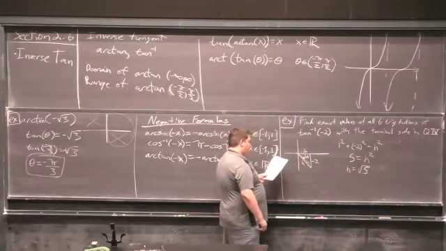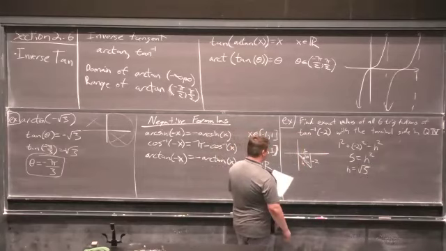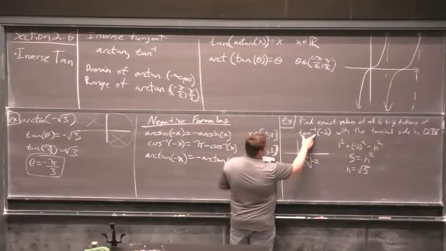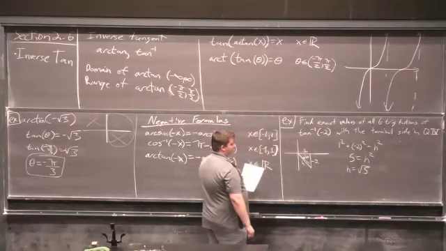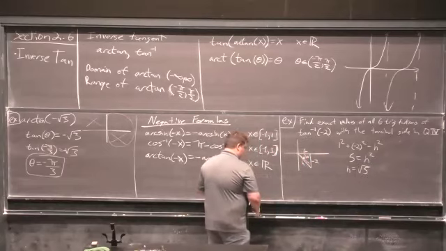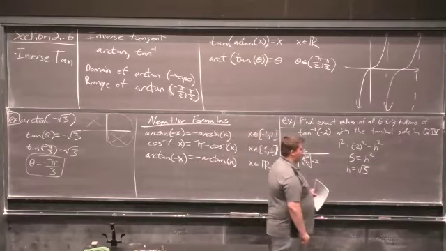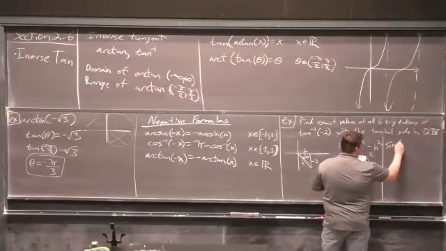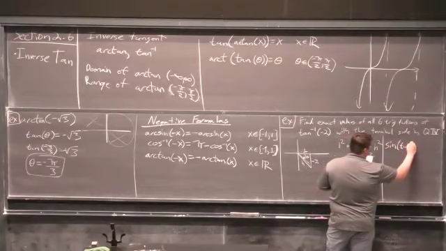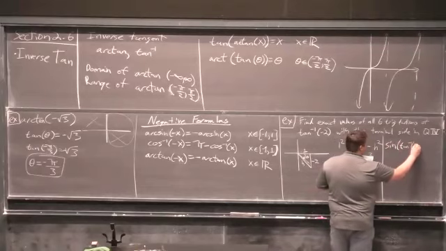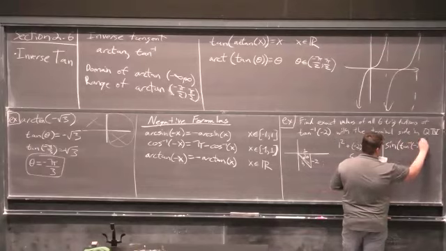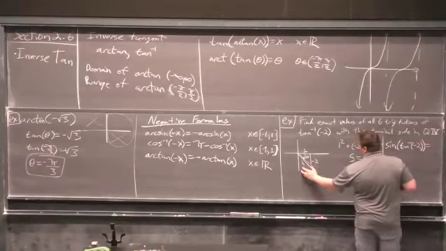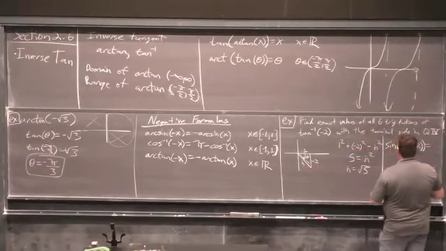And so now what we can say is this theta is brought about by this inverse tangent. So we can state that sine of tangent inverse of -2 must be the opposite over hypotenuse, so -2 over square root 5.